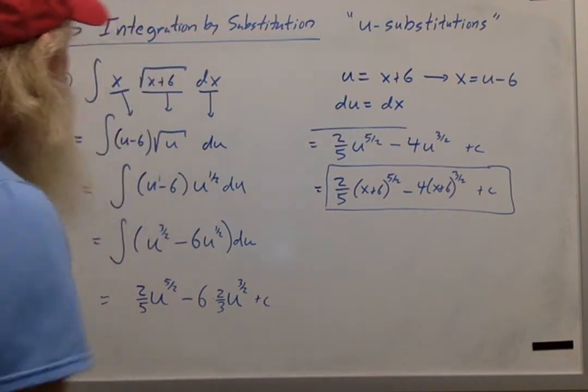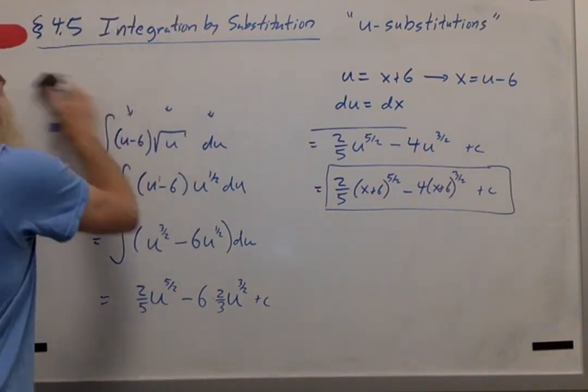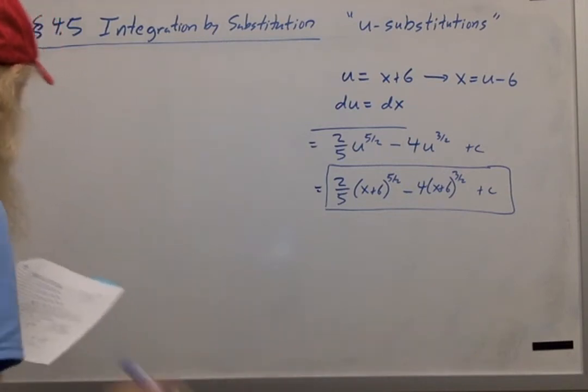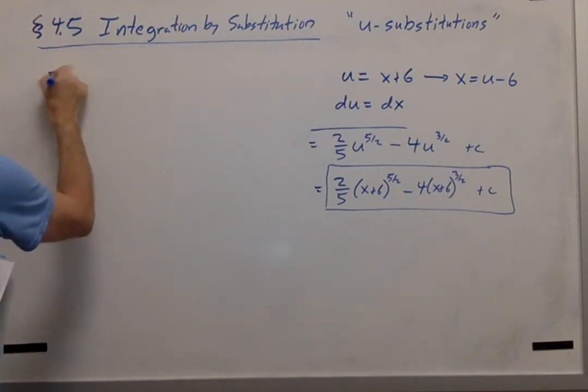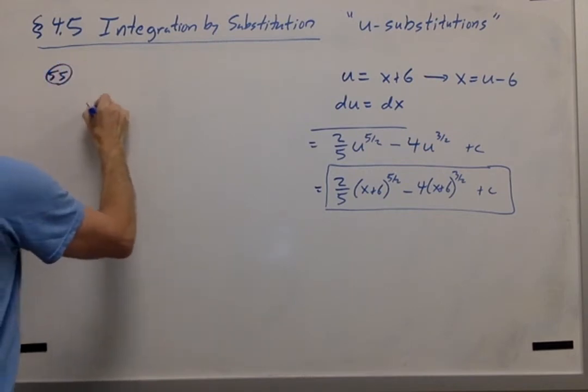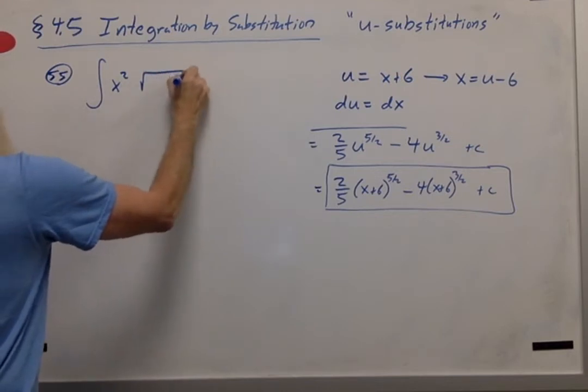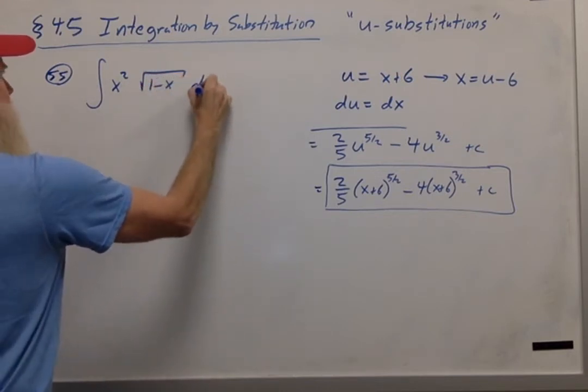Let's do one more example of this type, since it can be a little tricky, as I said. This will be number 55, which is the antiderivative of x squared times the square root of 1 minus x.